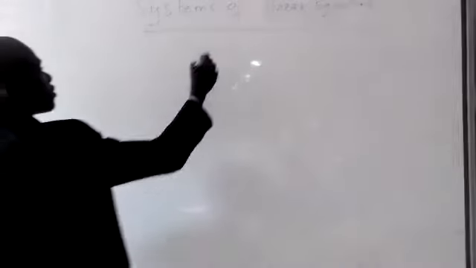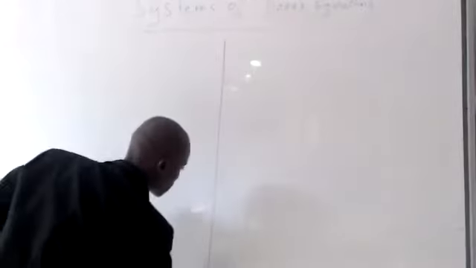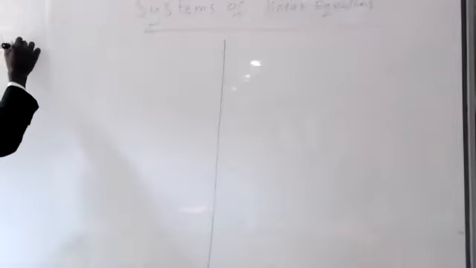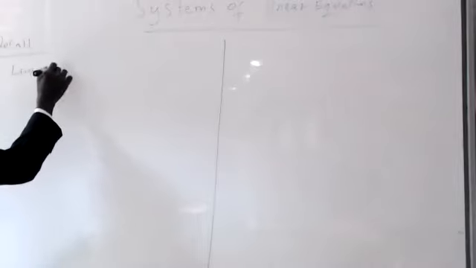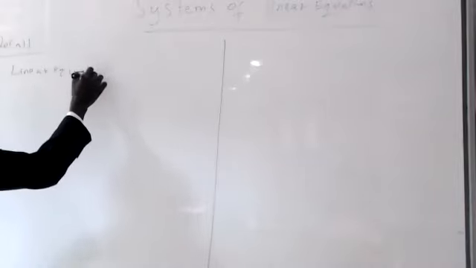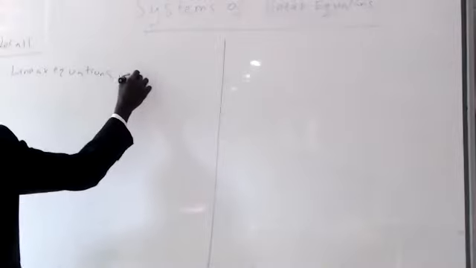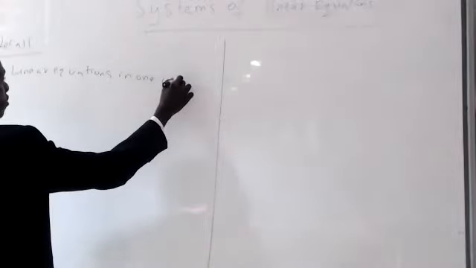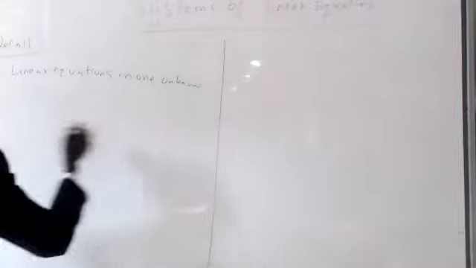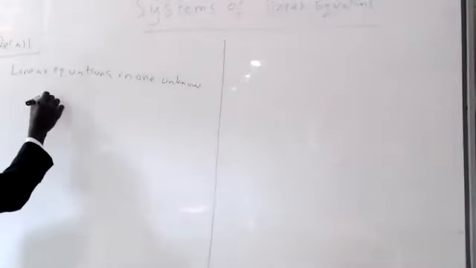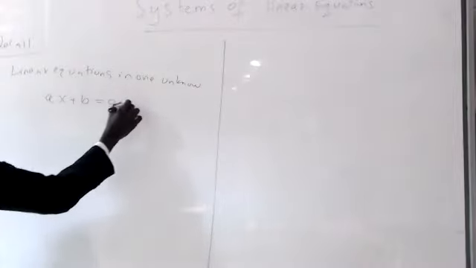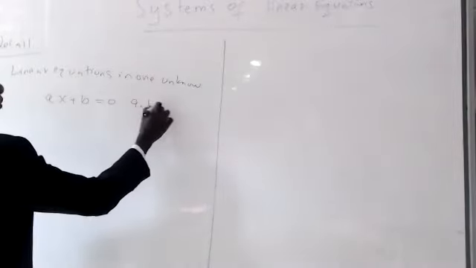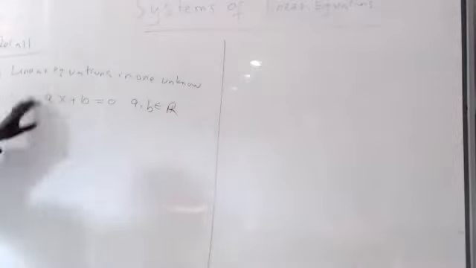Let's look at systems of linear equations. Before, I want to recall what we have done. We have solved linear equations in one unknown. Remember, we defined a linear equation as any equation of the form ax plus b is equal to 0, where a and b are real numbers, and x is an unknown variable.